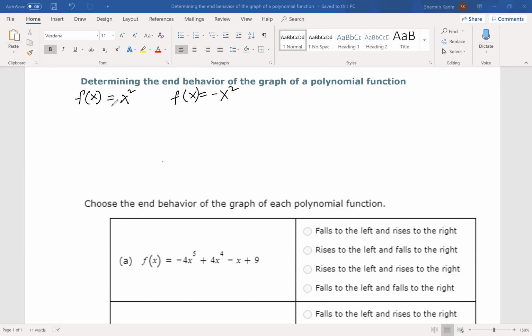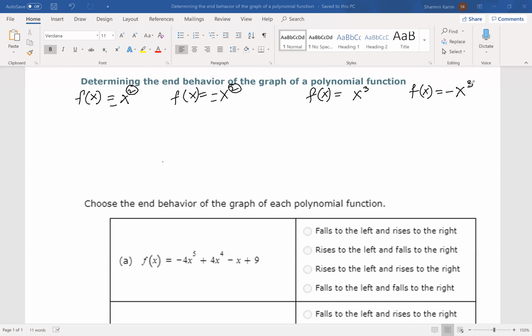So the coefficient is positive, the coefficient is negative, and the polynomial is of even degree. Or a polynomial with a positive coefficient with odd degree. Polynomial with a negative coefficient and odd degree.